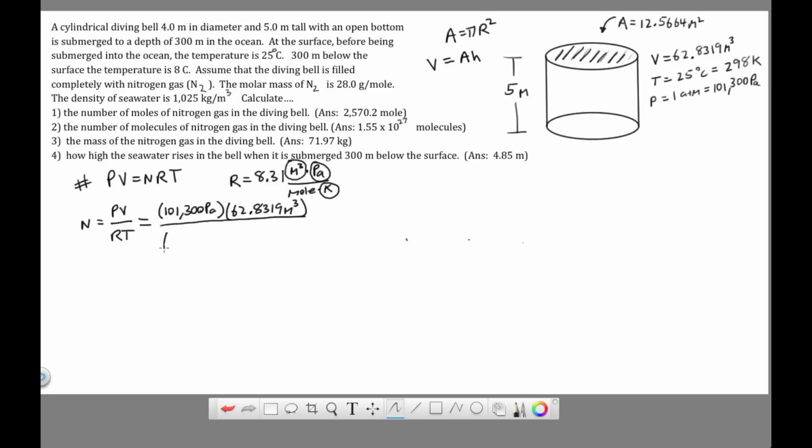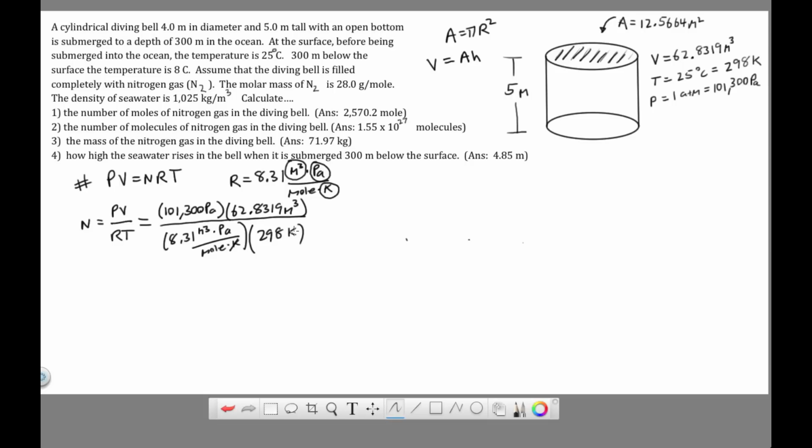The gas constant is 8.31 cubic meter Pascal over mole Kelvin. And the temperature is 25 degrees Celsius. Now the way you convert Celsius into Kelvin is by adding 273. So 25 degrees Celsius is equivalent to 298 Kelvin.